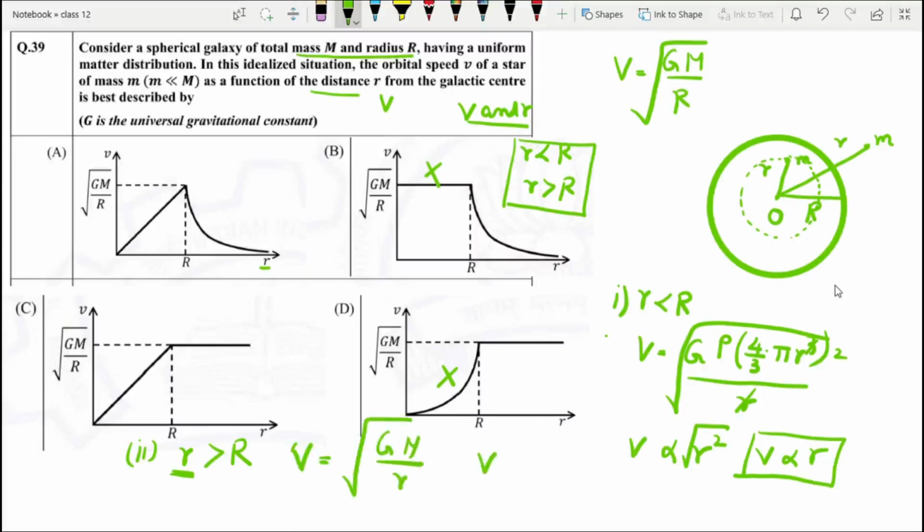So here velocity is proportional to 1 divided by root of r. So when r increases, the velocity is decreasing. Right? Now in option C, you can see that after a distance of capital R, the velocity is constant. So this option is incorrect. Only option A is correct.